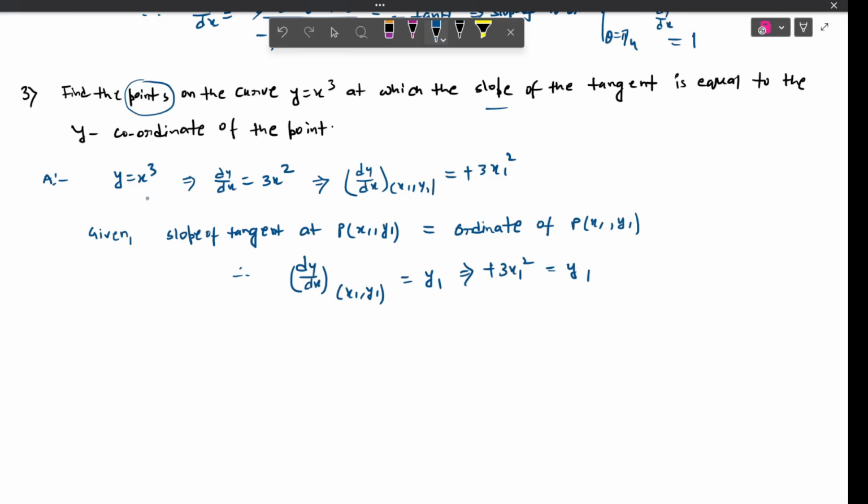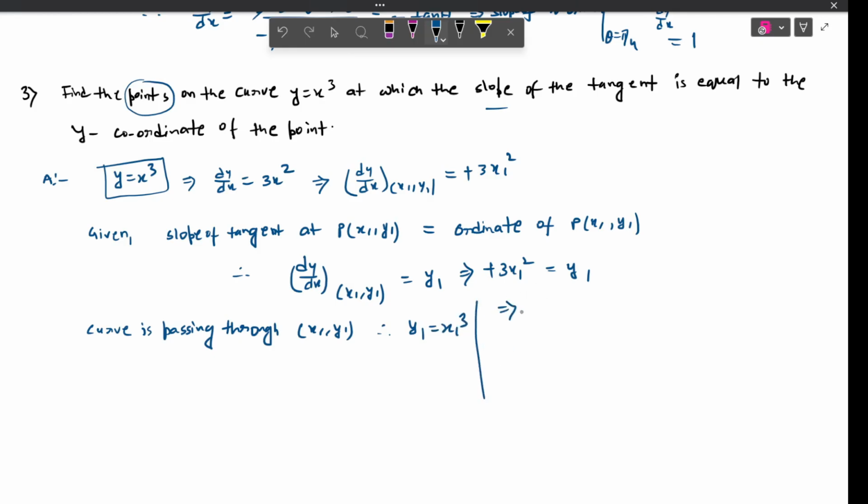Now see, the curve is passing through x1 and y1, so this point should satisfy the curve. That means y1 equals x1 cube.